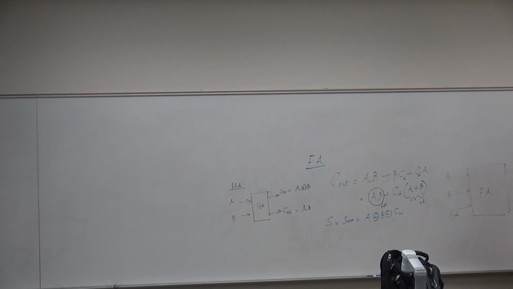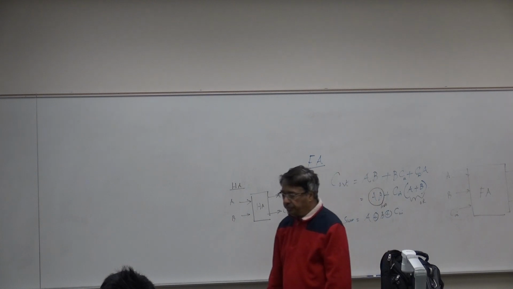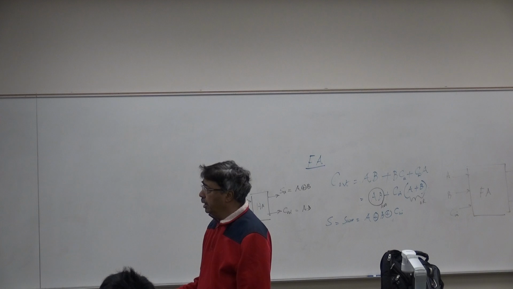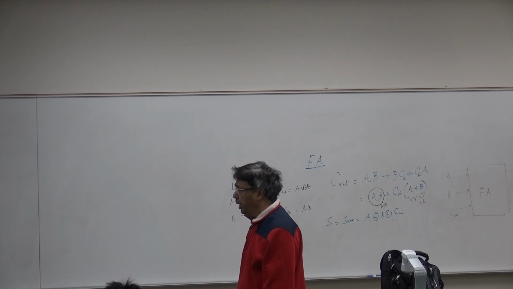So in order to create full adders, or rather the adder chain, we will have to take advantage of the half adder. That's why the functionality of the half adder, which is basically two data inputs, generates a carry out, which is AB, and sum is A exclusive or B.